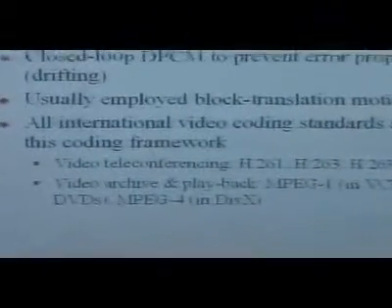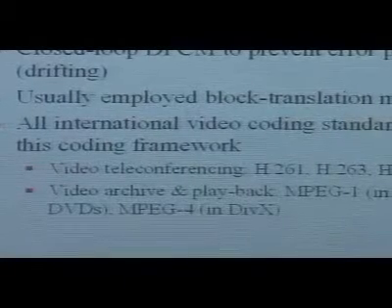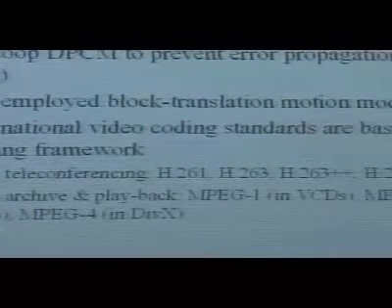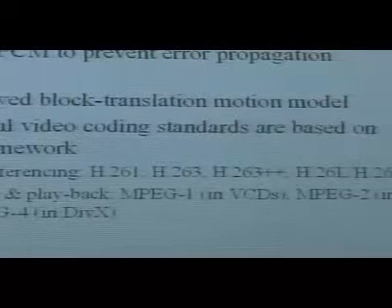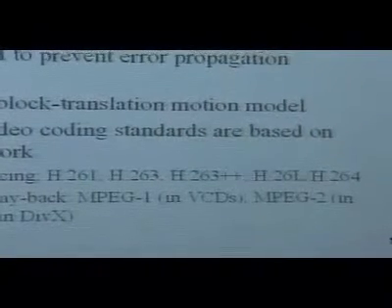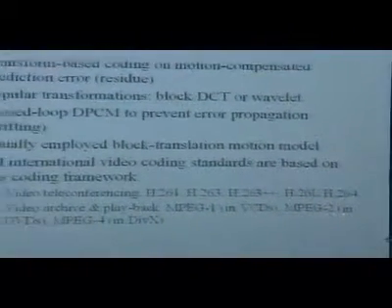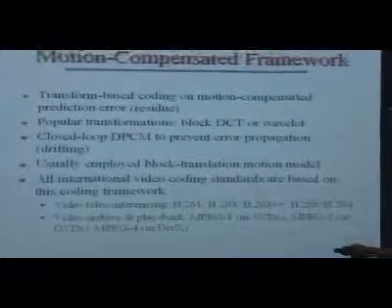This is with teleconferencing and real-time communication in mind. If you just want archive and playback, meaning storage and then playback at a later time, we have the MPEG series, like MPEG-1 in VCDs, MPEG-2 in DVDs, MPEG-4 in DivX.